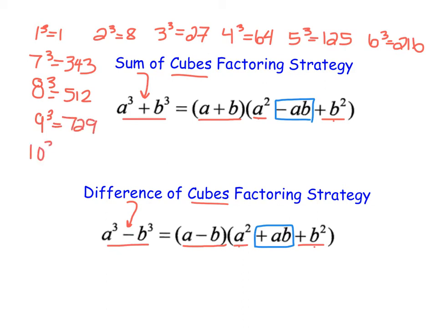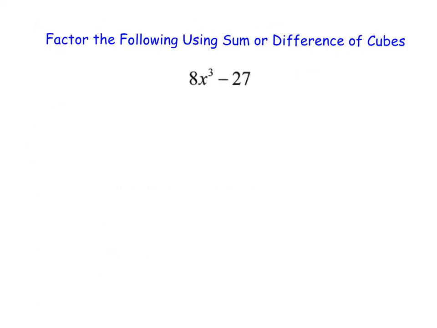And 10 cubed is equal to 1,000. So I would have those handy so when you see those numbers, you can tell instantly if you have a sum of cubes or a difference of cubes situation.